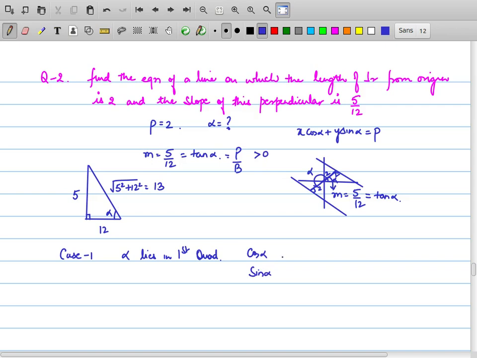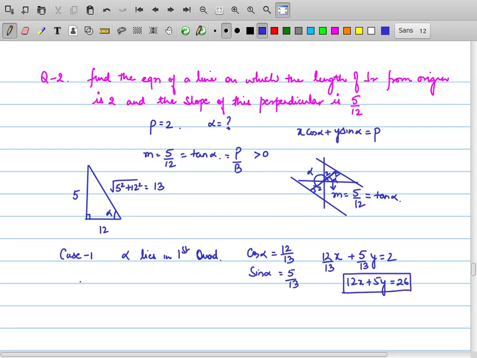What is the value of cos alpha? Base upon hypotenuse. And sin alpha would be perpendicular upon hypotenuse. Now our equation becomes x cos alpha, that is 12 by 13 x, plus sin alpha, 5 by 13 y, equals p, which we already know is 2. Therefore our equation is 12x plus 5y is 26.